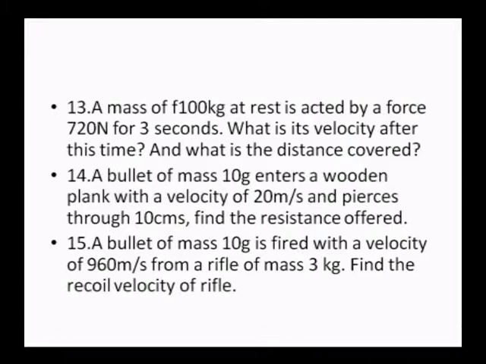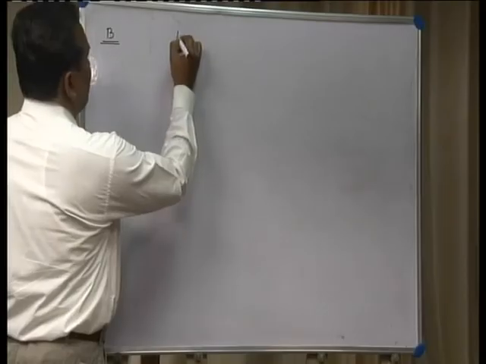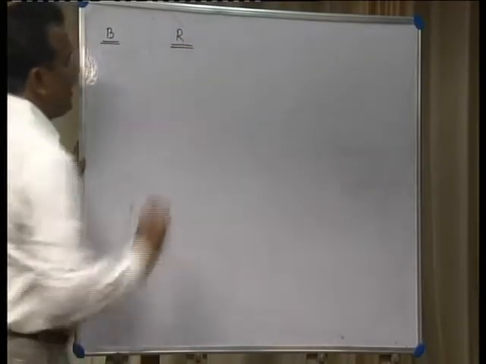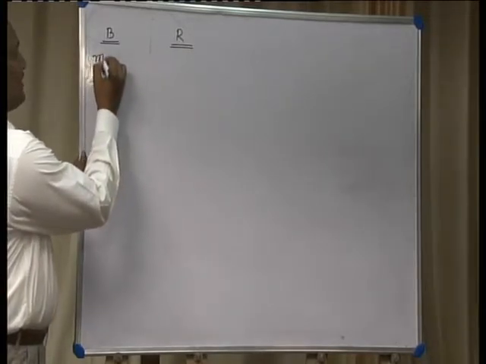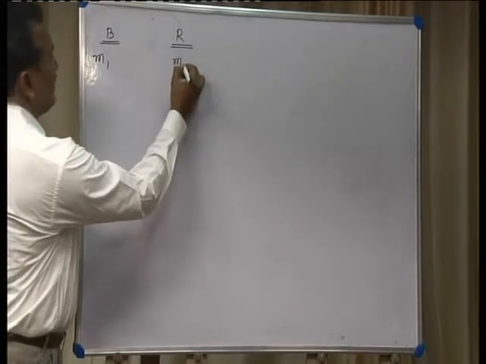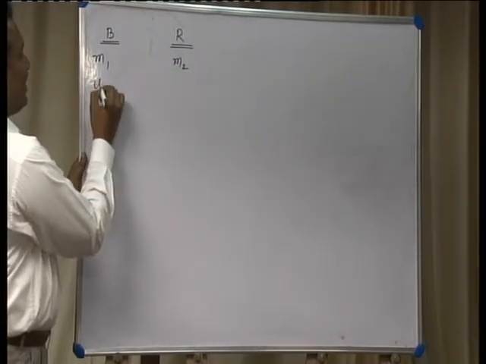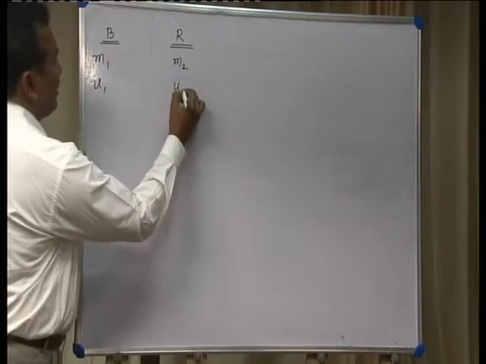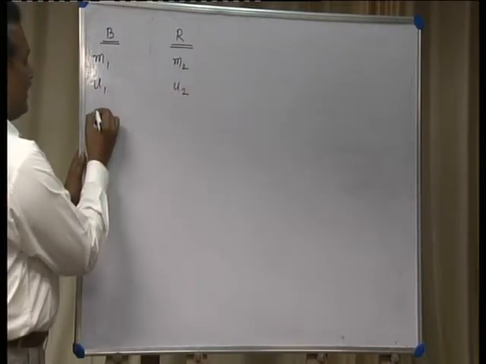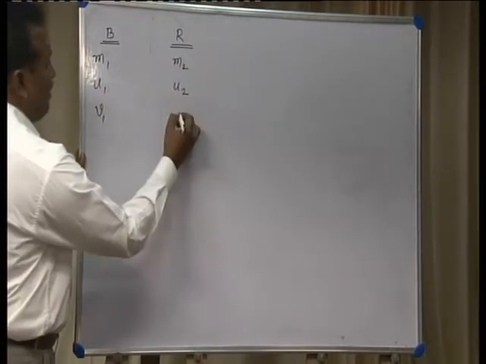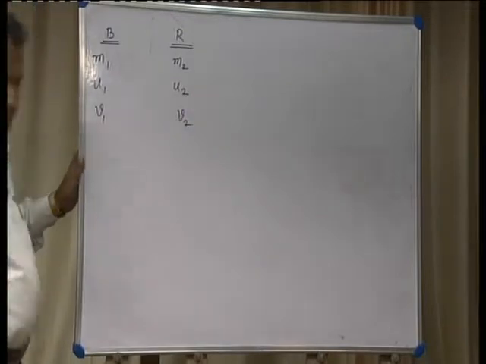One is the information regarding the bullet, which you cover under the title B, and another one you cover under the title R. B stands for bullet and R stands for rifle. Its mass you call m1 and its mass you call m2. Initial velocity as u1 and initial velocity as u2. Final velocity as v1 and final velocity as v2.